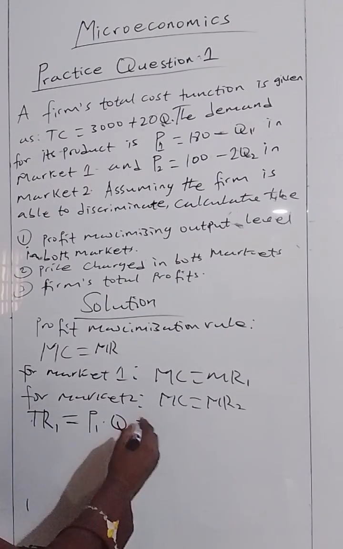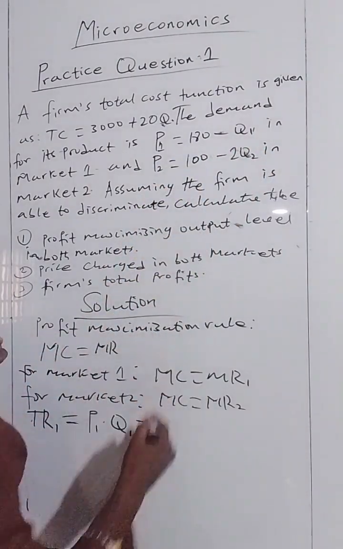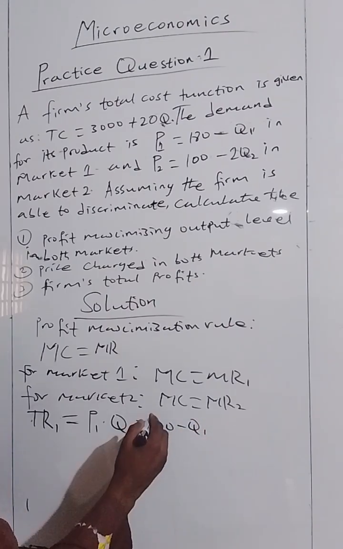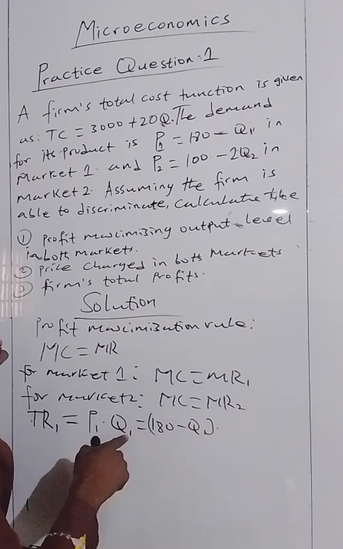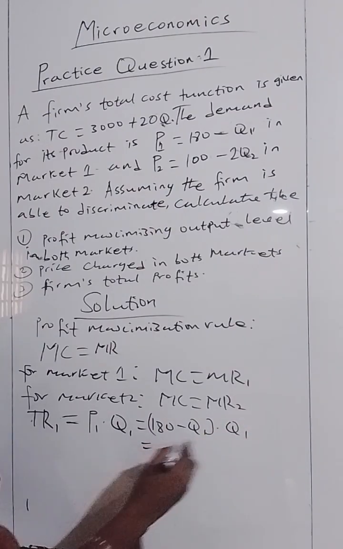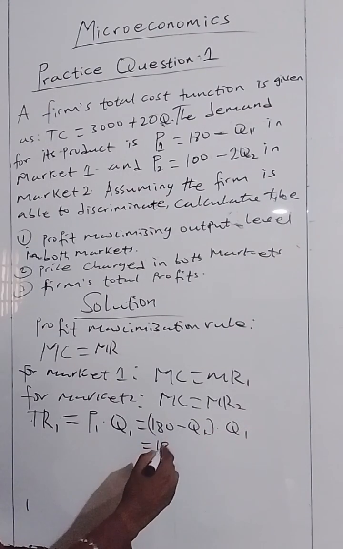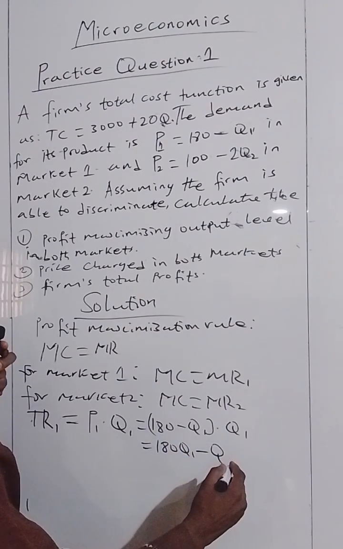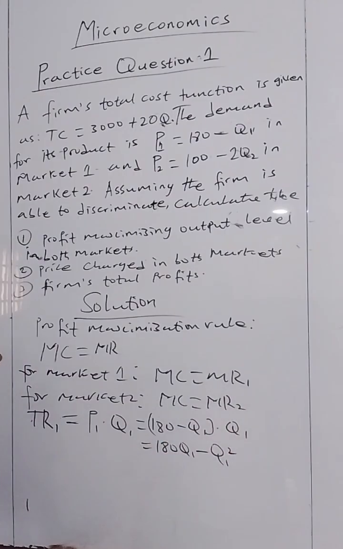So the price from that market is this function. We have 180 minus Q1, then multiplied by Q1. Then this can be simplified further. We open the bracket, we have 180Q1 minus Q1 squared.